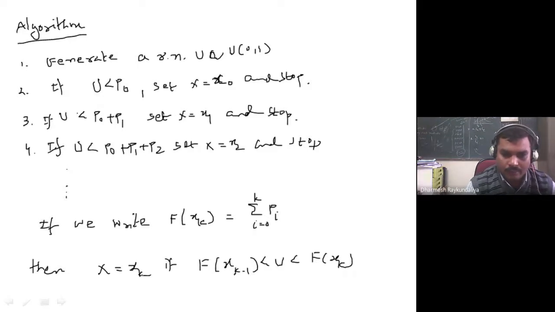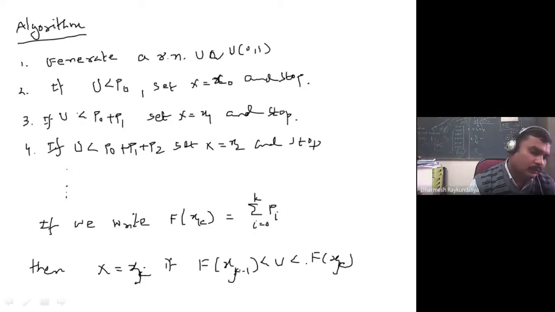Or you can say that x takes value xj if u lies between f of xj minus 1 and f of xj, if you wish to write it for continuous variables. So after generating a random number u, we determine the value of x which lies in this interval.